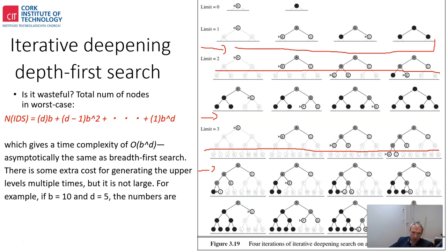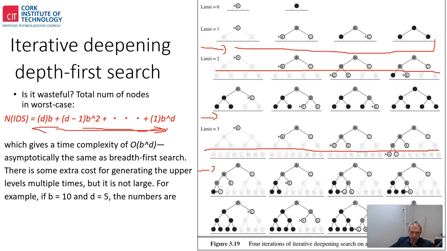These numbers get smaller as the level is decreasing, or sorry, the other way around.